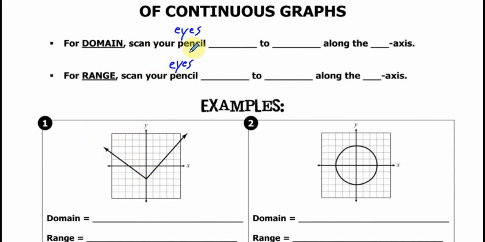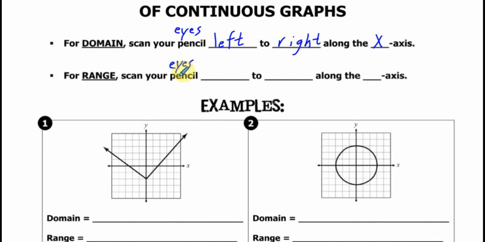From, and then domain, remember, is your x's. We're going to scan along the x-axis. And what direction does the x-axis move? Left to right. Does not move up and down. Right? So I'm focused on how far left my graph goes and how far to the right my graph goes.